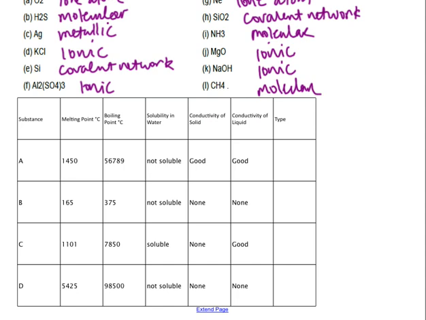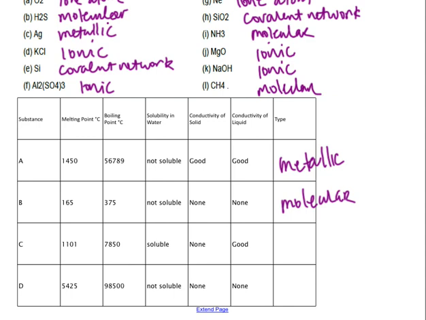Let's categorize these. The first one has a high melting point, high boiling point, not soluble in water, good conductivity as a solid and a liquid. Yeah, I'm going to go for metallic here. All right. Comparably, this next one, low melting points, not soluble in water, and do not conduct anything. Molecular.